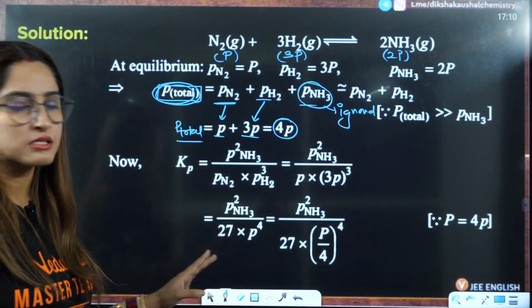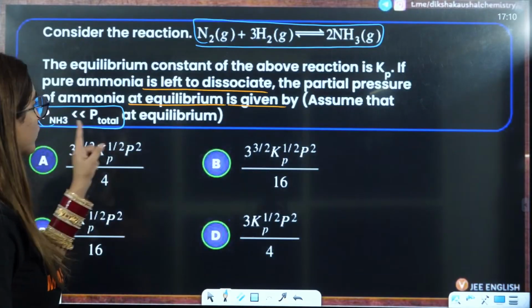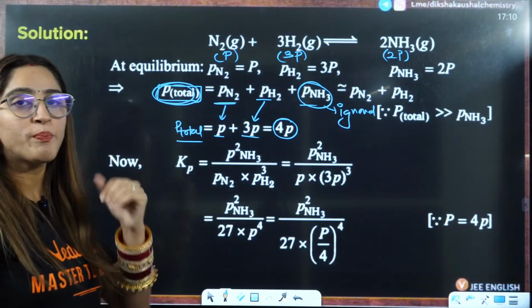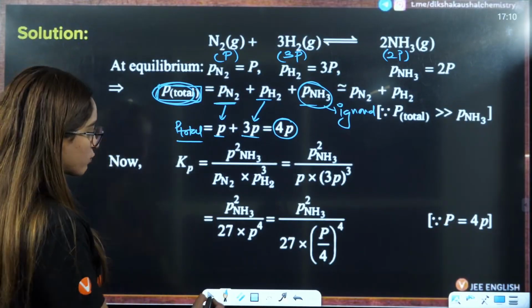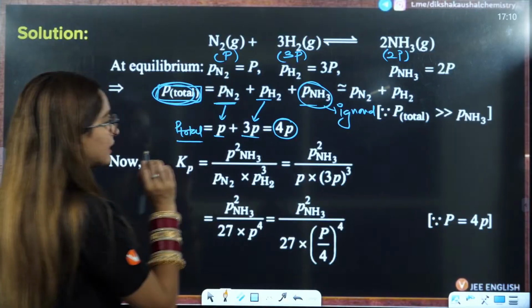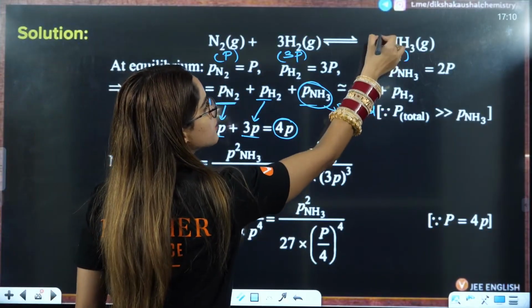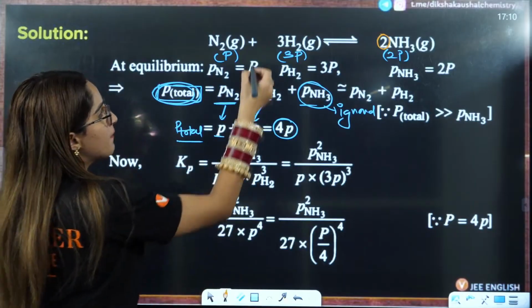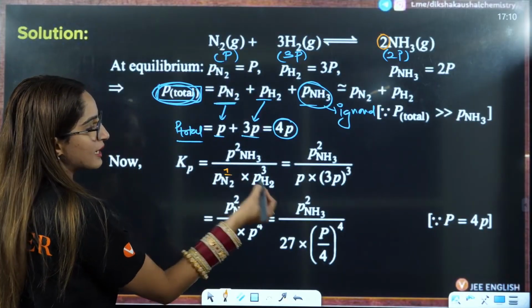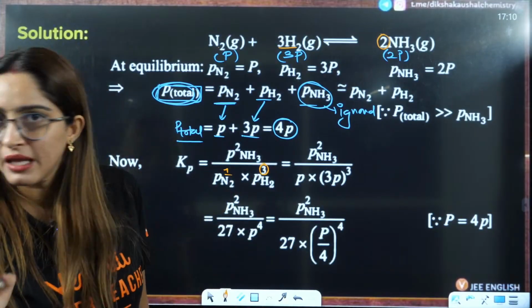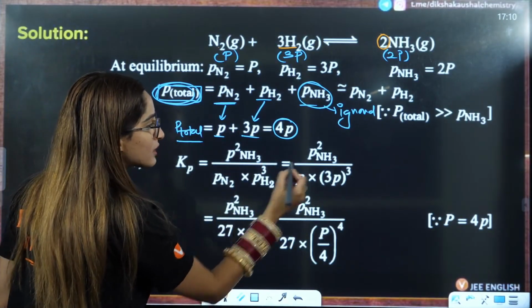Now what they are asking you is not the total pressure, they are asking you the partial pressure of ammonia, right? So how will you calculate the partial pressure of ammonia? The Kp value is from this formula, that is pressure of NH3 raised to power stoichiometry 2, divided by pressure of N2 raised to power stoichiometry 1, times pressure of H2 raised to power stoichiometry 3, right? Now here you will put all the values.